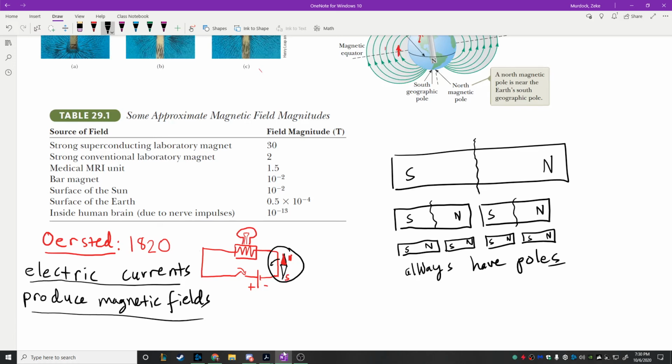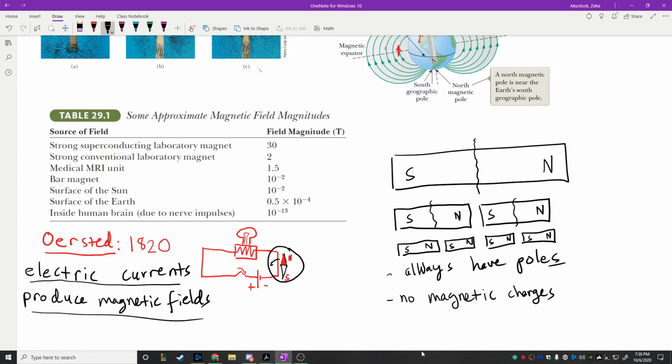And so it would be reasonable to ask, what happens if you keep doing this forever? And the answer is you never are able to completely isolate one of these poles. So the way we say that is that there's no magnetic charges. There's no analog in magnetism to charges. In electricity, we have electrical charges, plus, minus, neutral.